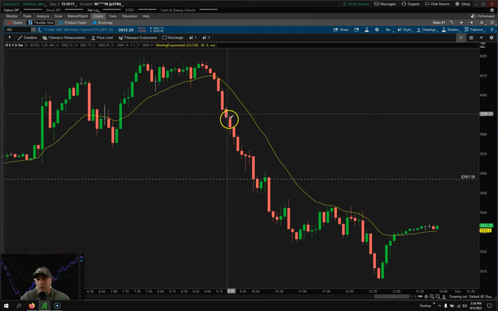It takes out that low and it's off to the races. Here, we kind of dip below, never closed below, and then even this candle never took out that candle. So those are the two main things. And if you start to learn and watch this over and over, I think it'll really help you in managing risk and help you with the trade.